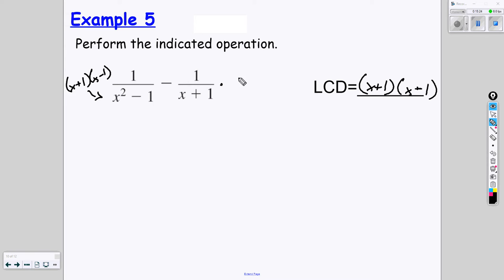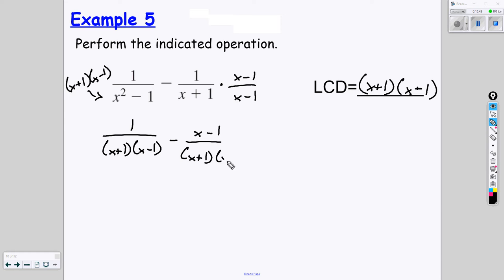And that means we just need to multiply this right fraction by x minus 1 on x minus 1. That's what it's missing. All right, so we have 1 on, and I'm just going to write this as x plus 1 times x minus 1, minus x minus 1 on x plus 1 times x minus 1. Now we can combine these, and we've got to be careful when we combine these. 1 minus the quantity x minus 1.